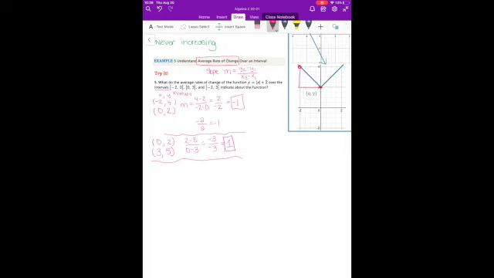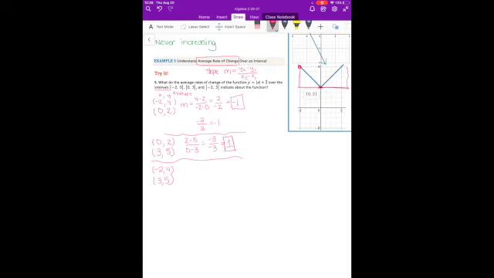What if I did the last one? So at negative 2, the y value is 4. And at 3, the y value is 5. Okay, let me back up for a second. So on this one, if I had had enough graph, I could have seen that I went over 3 and up 3. But I kind of cut off the graph.